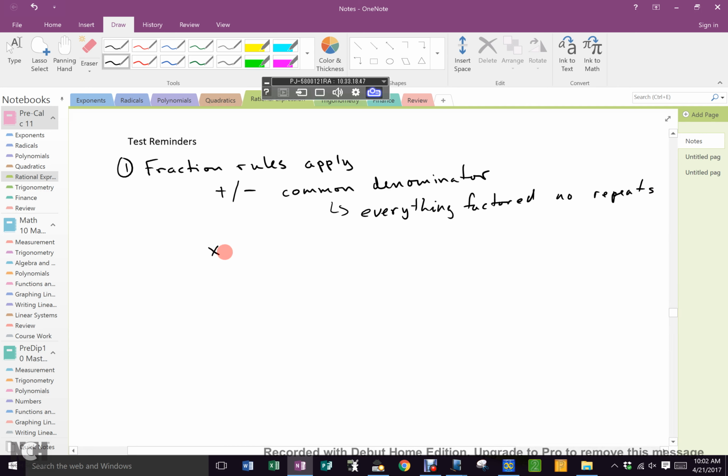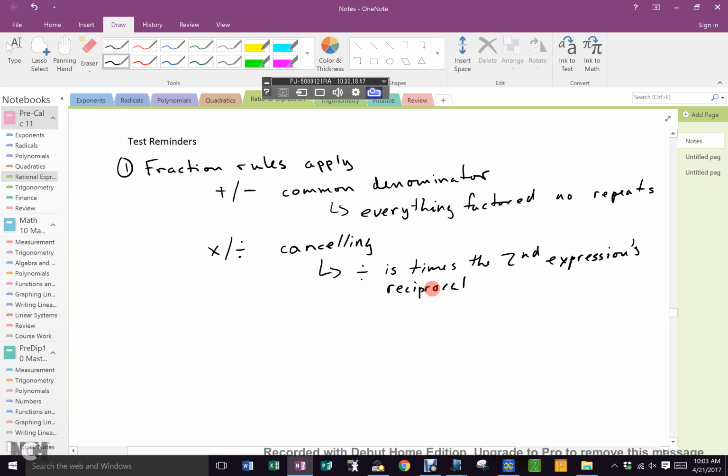If it's multiply or divide, then you want to look for canceling. And you want to remember that divide is times the second expression's reciprocal.